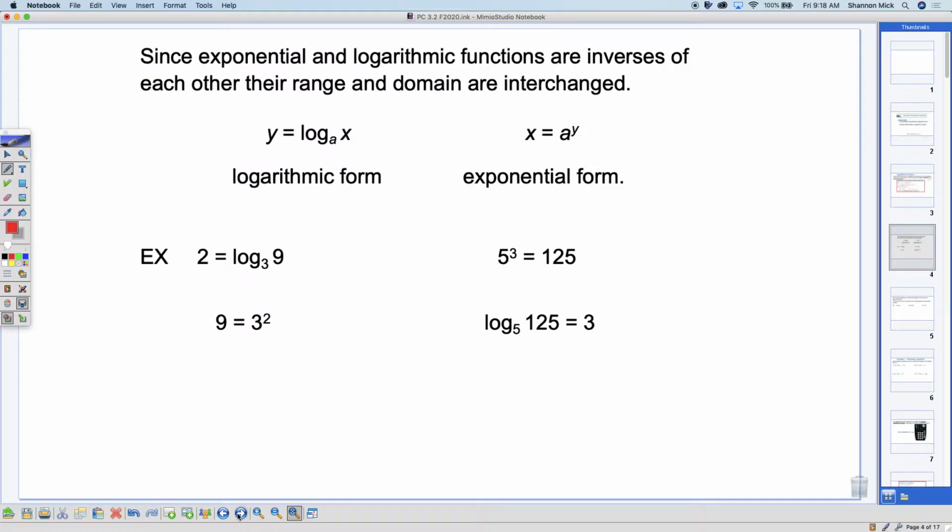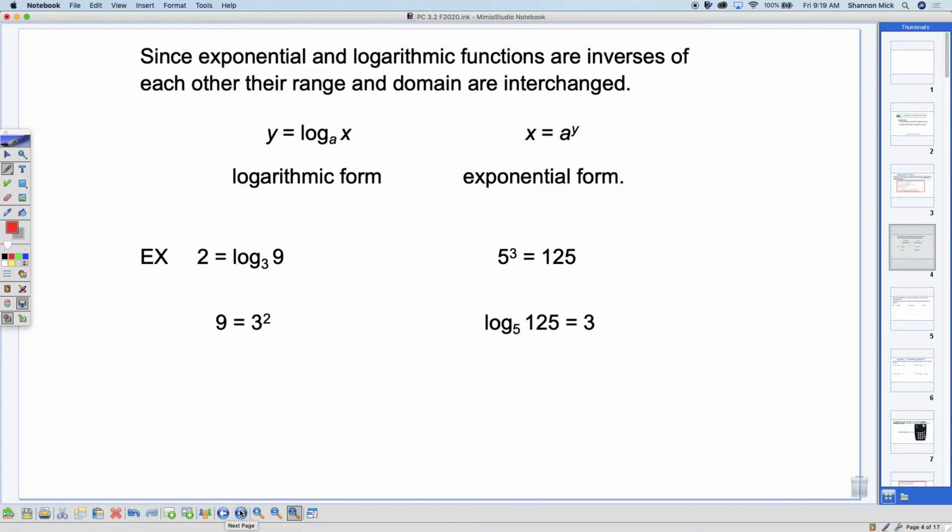Okay, so what we need to do is switch back and forth. We have logarithmic here, and we have exponential here. When you switch them back and forth, so I have 2 equals log base 3 of 9, my domain and range have to switch. The base of my logarithm becomes the base of my exponent.